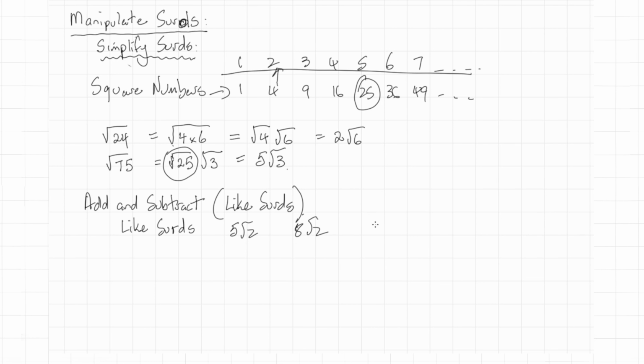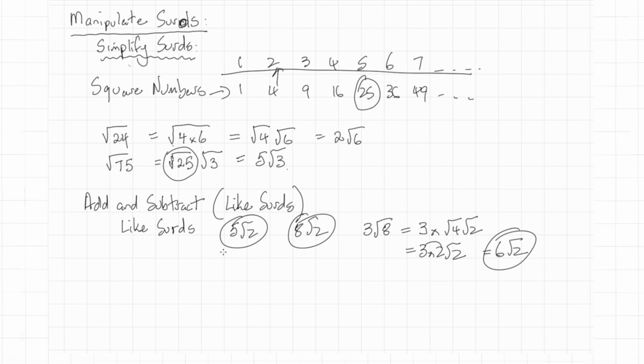If you had 3 root 8, that is like to these as well, because don't forget we can simplify this to 3 times. Now root 8 is root 4 root 2, and that root 4 is 2, so that'll be 3 times 2 root 2. We simply just multiply those two together and we get 6 root 2. So they are like surds, and we can add and subtract them.